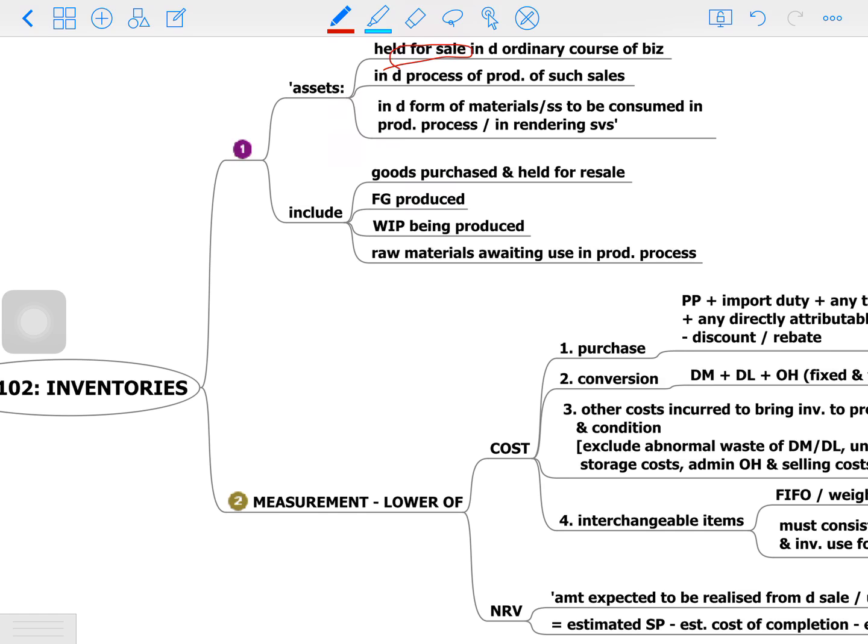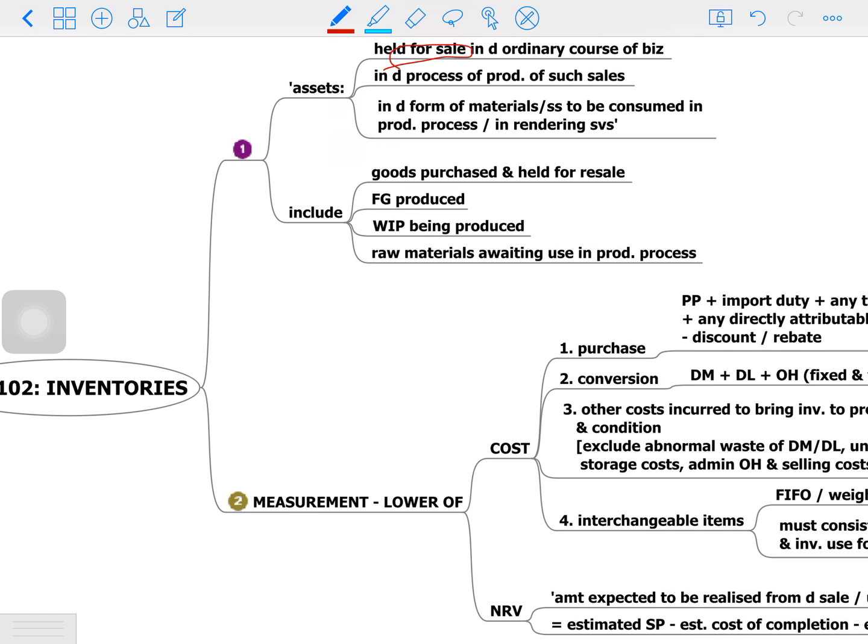Inventories include assets in the process of production for such sales, and also assets in the form of raw materials. Raw materials are also categorized as inventories or closing stock, to be consumed in the production process or in rendering your services if you are in a service industry.